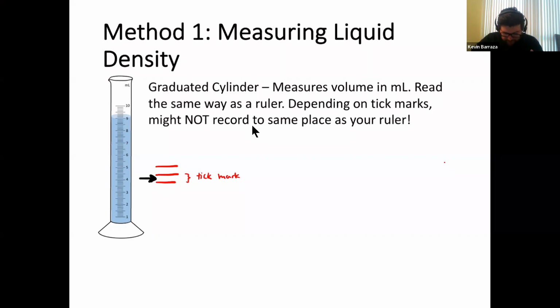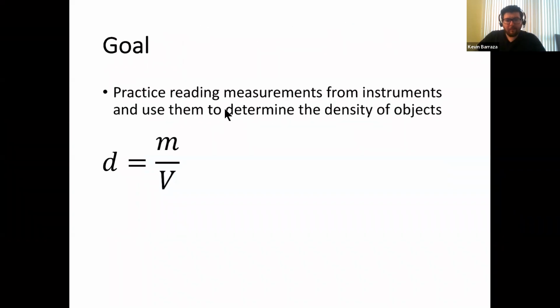That being said, we are going to use the graduated cylinder to measure milliliters, and milliliters is a measurement of volume. So that's one of the variables for density.